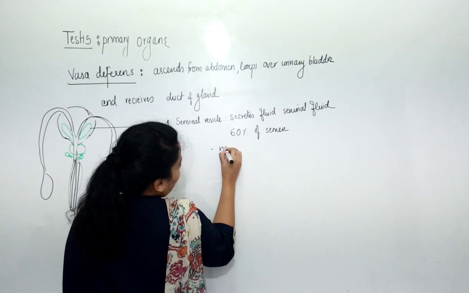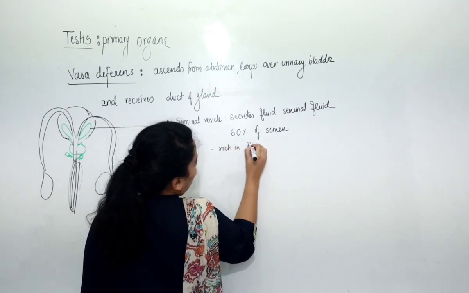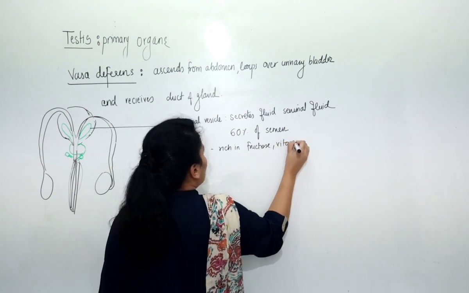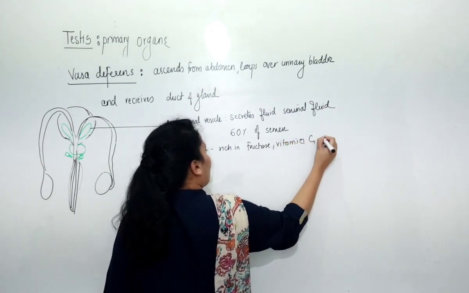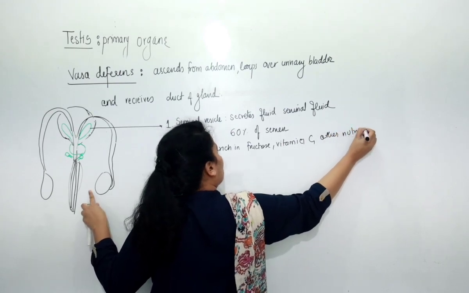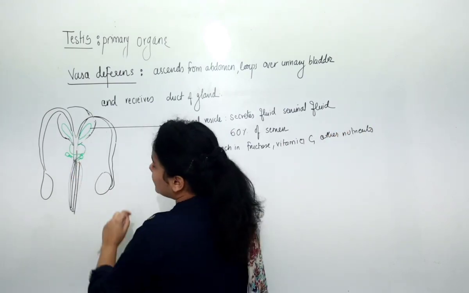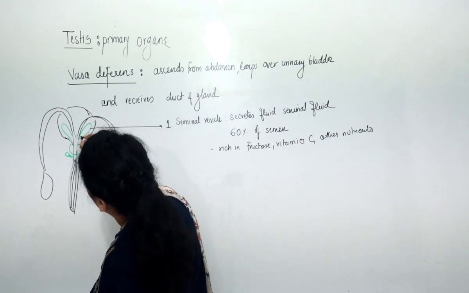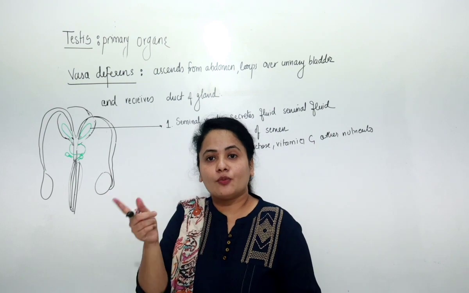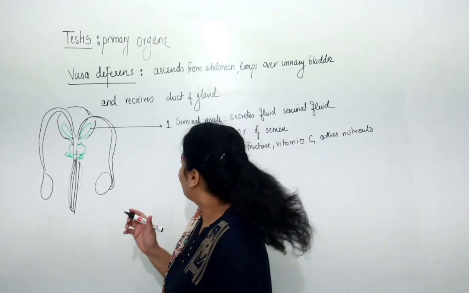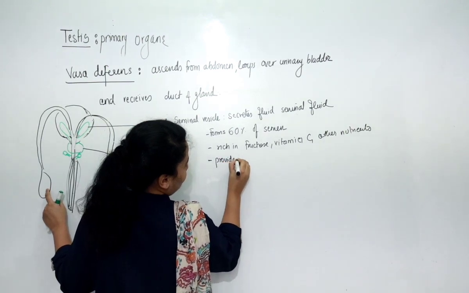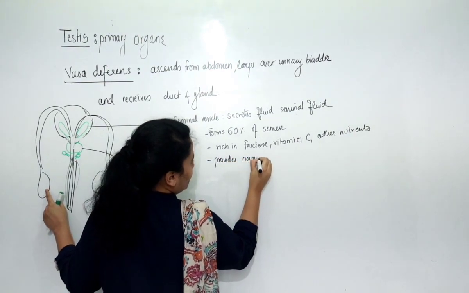It is rich in fructose, vitamin C and other nutrients. So this is the function of seminal vesicles. Ideally the seminal vesicles secrete a secretion that provides nourishment to the sperms.